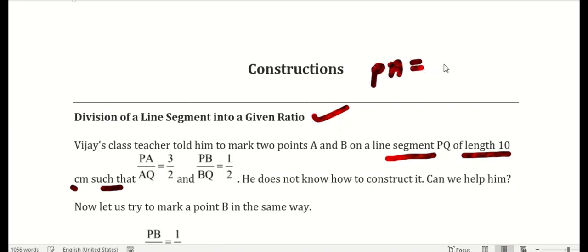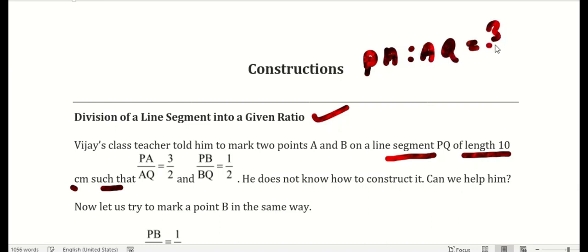It may be written like this one, as you know very well, PA such that AQ equal to 3 by 4 or 3 is to 4. Don't worry about it. Okay.